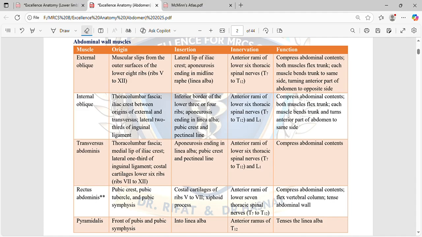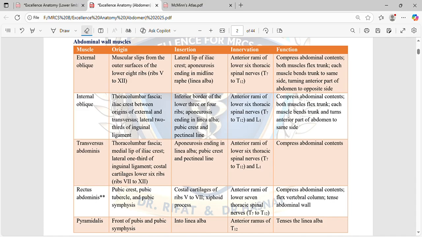The insertion is the lateral lip of the iliac crest, or you can say the anterior half of the iliac crest, and the aponeurosis ending in the midline raphe, the linea alba. So anteriorly they insert on the linea alba, and above it also inserts into the xiphoid process.